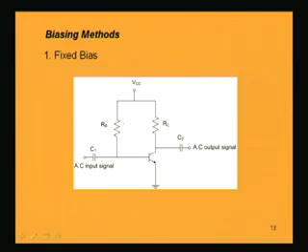Before that, we will start to discuss the different biasing schemes, and the simplest biasing scheme is fixed bias, a very simple circuit having only a resistance in the base region and in the collector region.